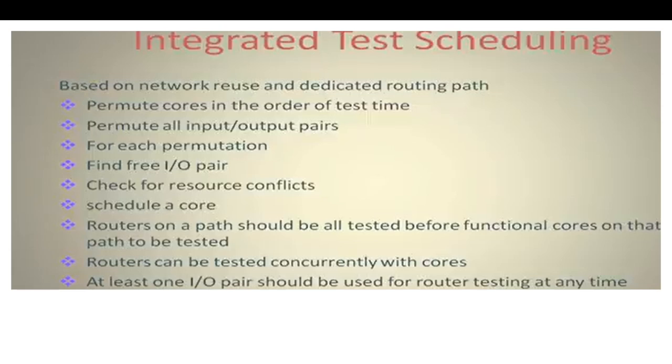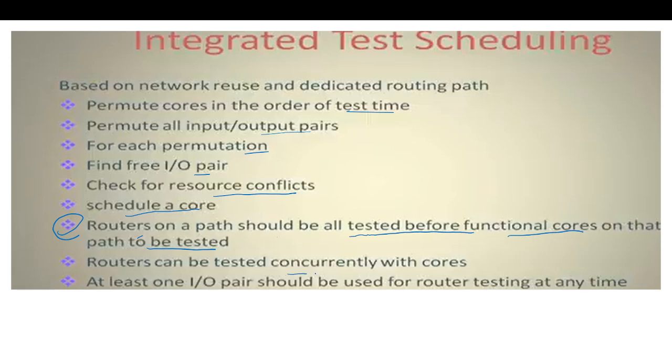So integrated test scheduling is based on network reuse and a dedicated routing path. Permute cores in the order of test time. Permute all input-output pairs. For each permutation, find a free IO pair. Check for resource conflicts. Schedule a core. Routers on a path should all be tested before functional operation on that path is tested.